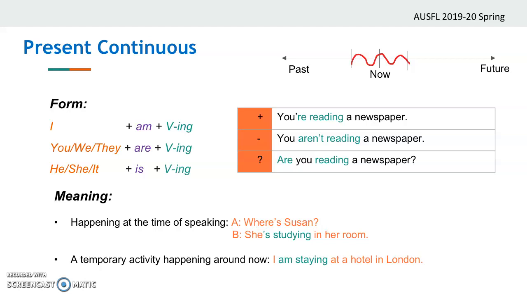We also use the present continuous for temporary situations or activities happening around now and lasting for only a limited period of time. For example, I'm staying at a hotel in London. Here, staying is a temporary activity happening around now, and it's lasting for only a period of time.